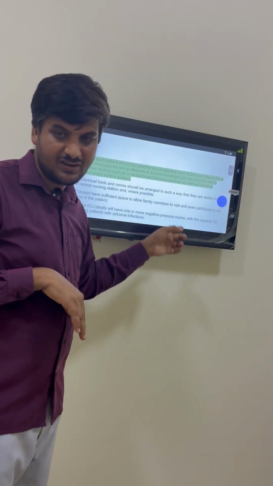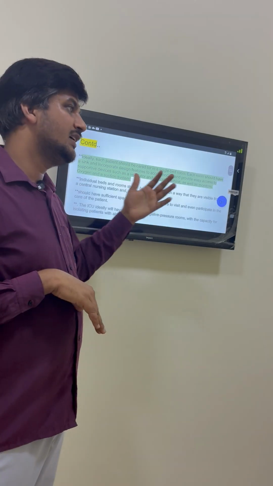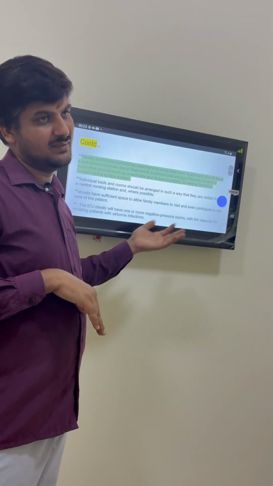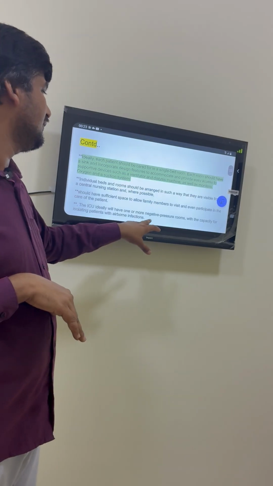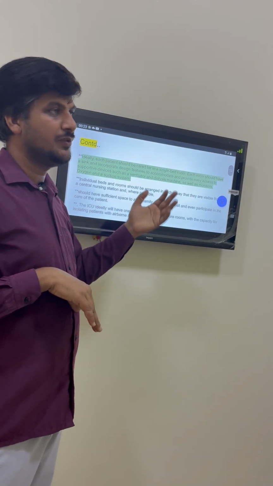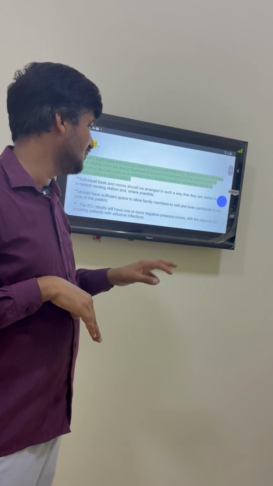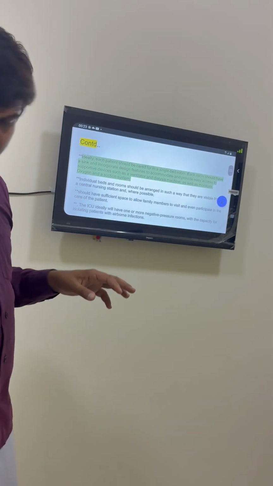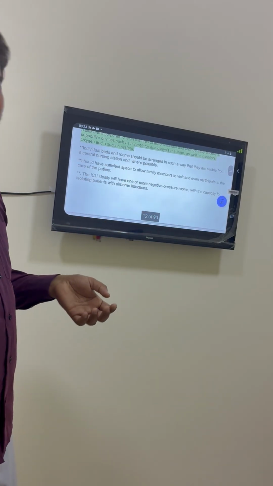This is one of the important things. For airborne cases like tuberculosis and all, a negative pressure room is required. Usually the ICU should have two, or based on the bed capacity, negative pressure rooms to isolate the patient and avoid infection transmission and all.